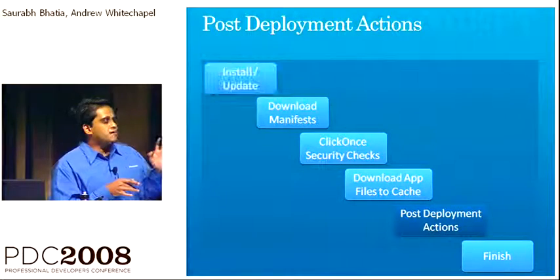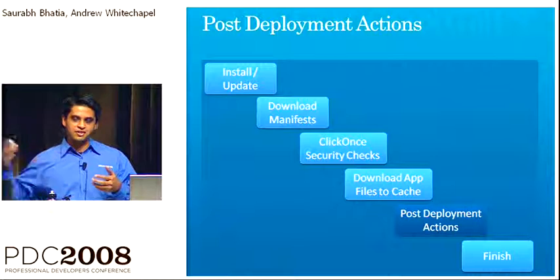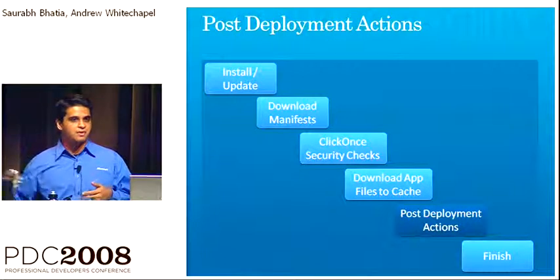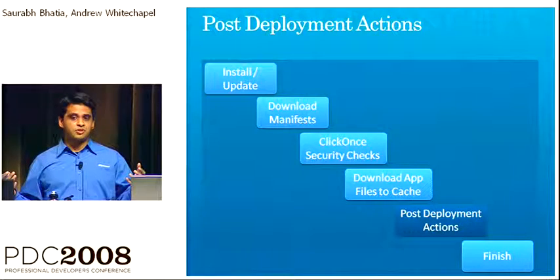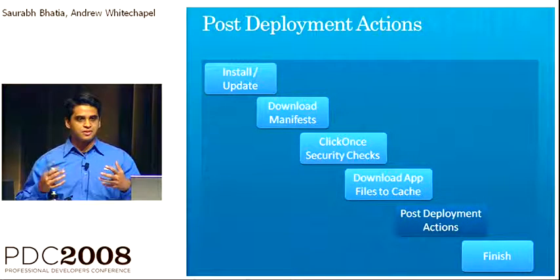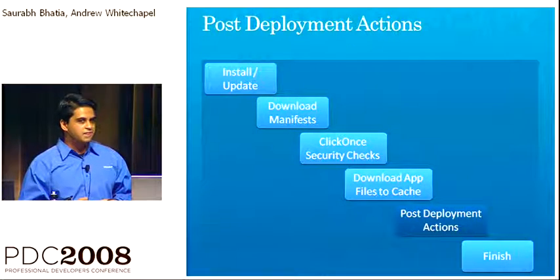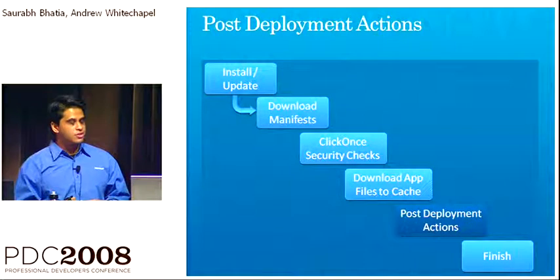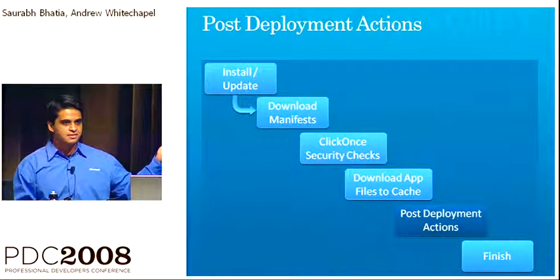The very first one is there's a trigger that occurs to trigger off the install or update process, right? Maybe the user double-clicks on the file to install it, or maybe it's time to check for updates, and it goes out and checks for updates. So the trigger for install or update occurs. And the first thing that the ClickOnce runtime is going to do is go download the deployment and application manifests.